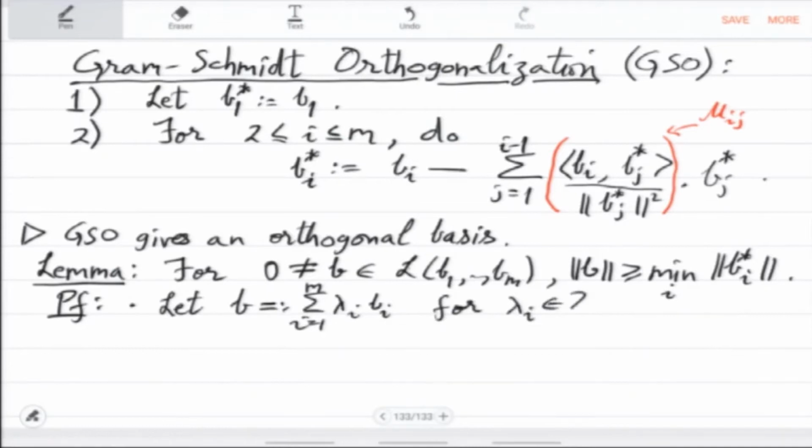For integral lambda i's, and let's say lambda m is non-zero. Something has to be non-zero because B is non-zero. So let's say lambda m is non-zero.